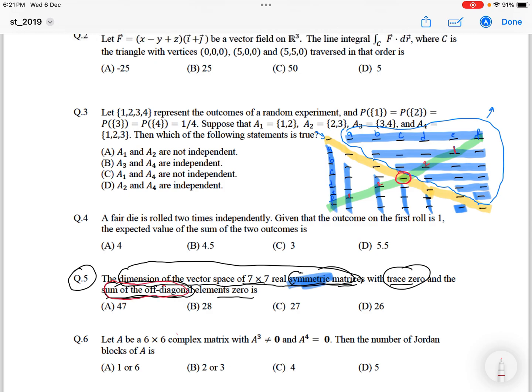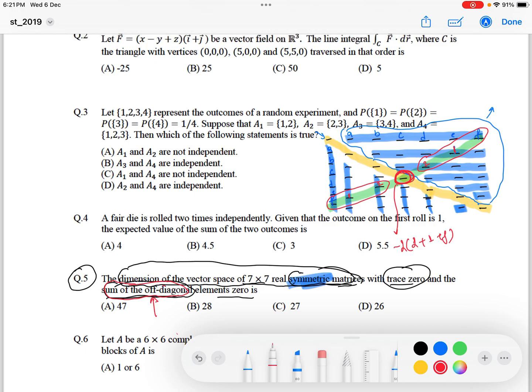If we know these 3, then we have info about these 3. We also have info about the center one, because with the given condition, the center one will be minus 2 times the sum of the others. So to specify the off diagonal elements, we need only these 3.